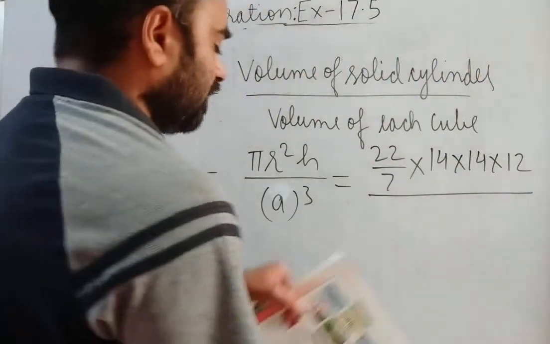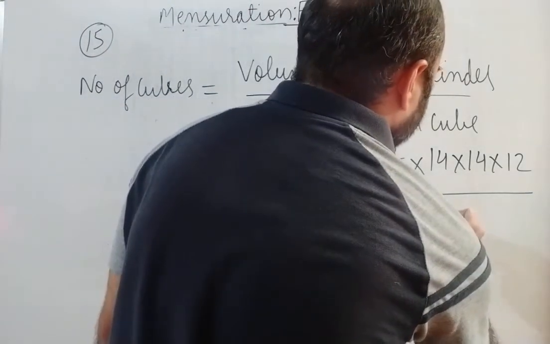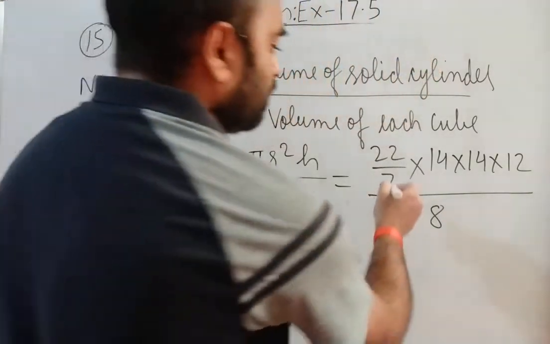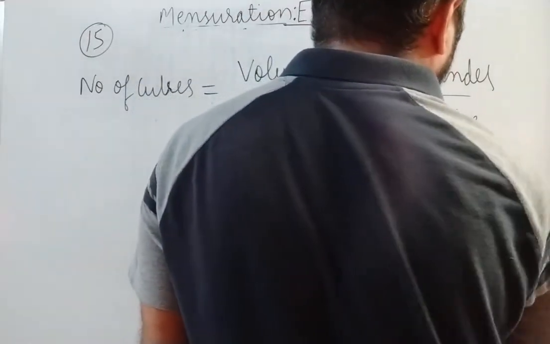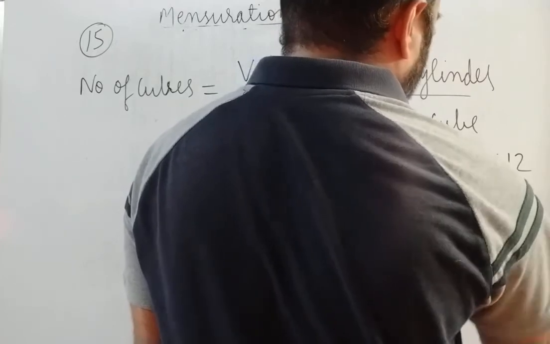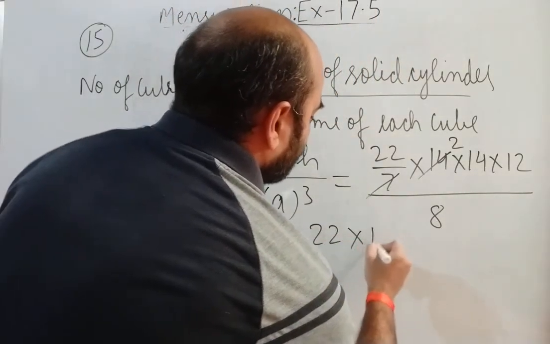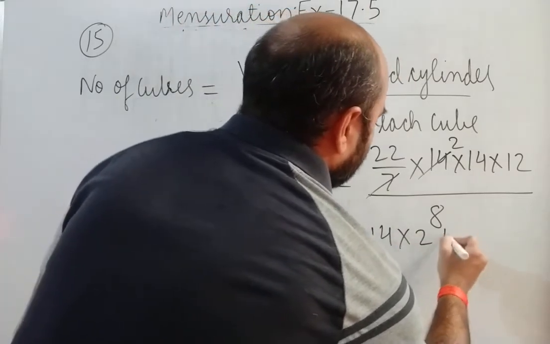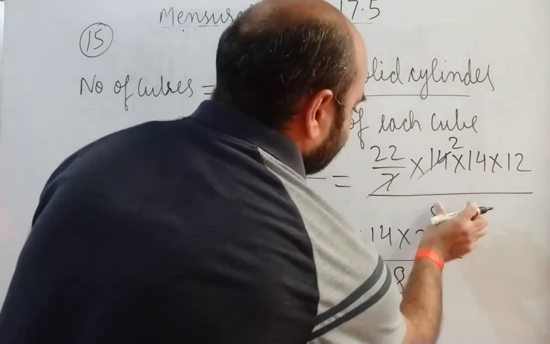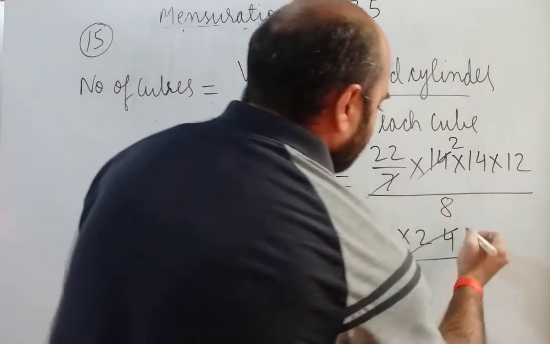Correct? And for the cube, edge is given 2. 2 cube means that is 8. So this will be 22 into 14 into 24 upon 8. Correct? So 8 into 3.